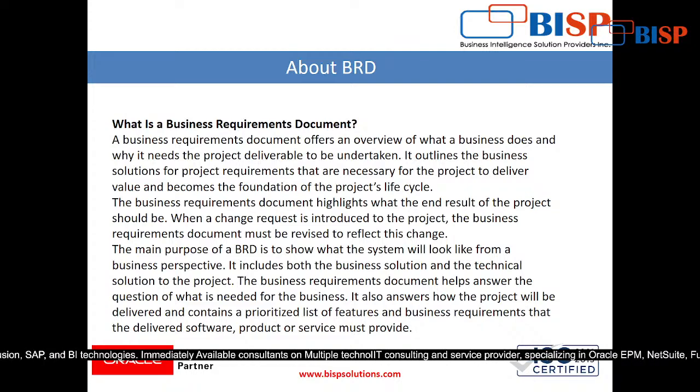The business requirement document highlights the end result of the project: after completion of the migration, how your business will behave. For example, in a company, let's take the order to cash process. It is just creating the sales order, then item fulfillment without any approval, then the item received, item dispatch, creation of the invoice, and the amount deposited in the account.